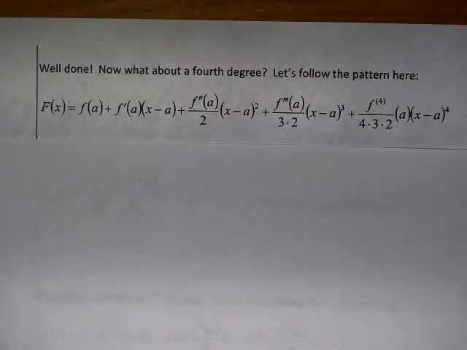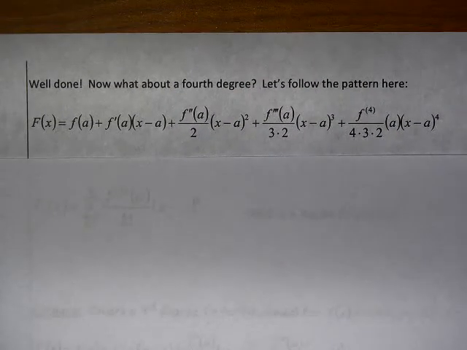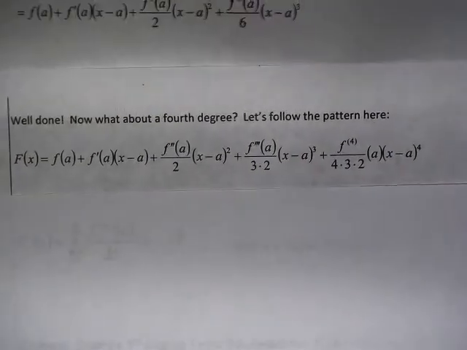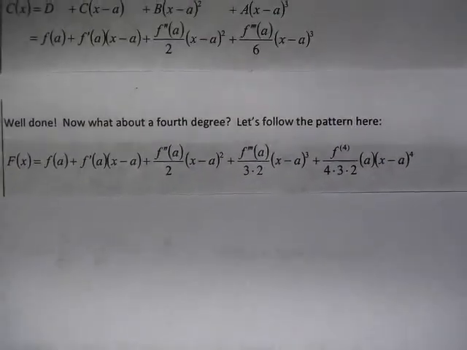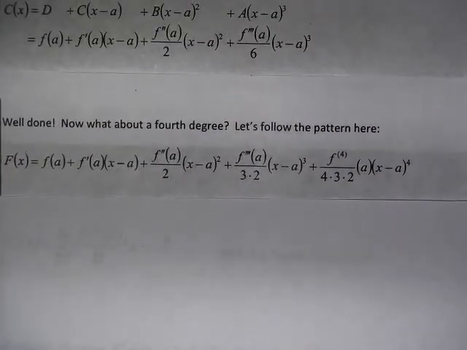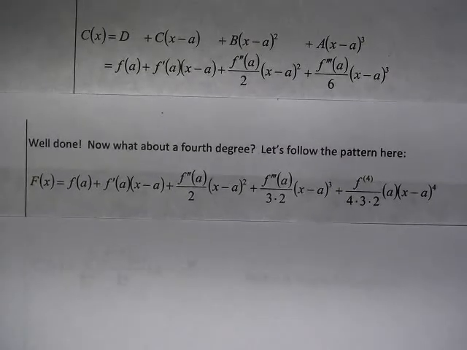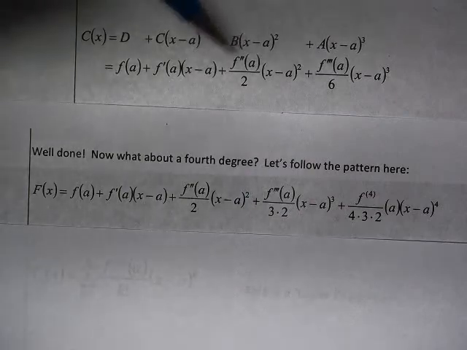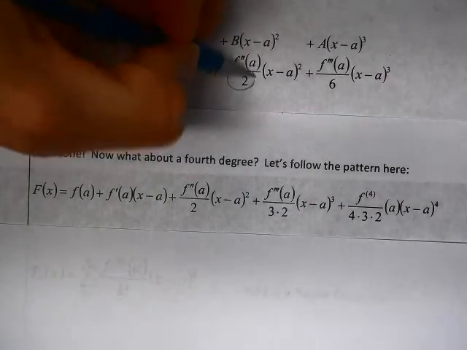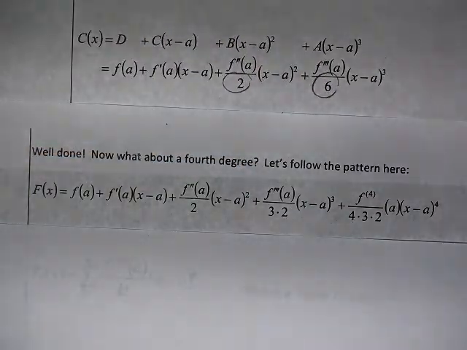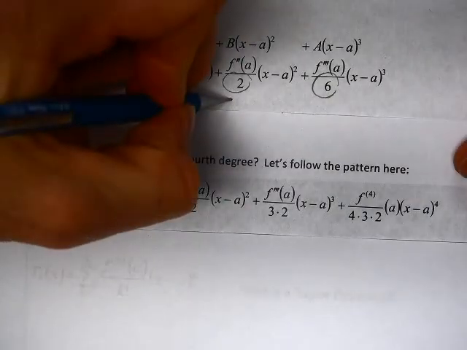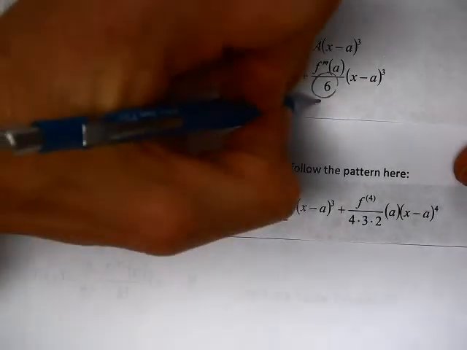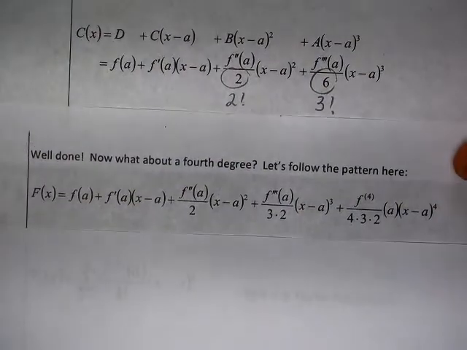Now I'm just going to look at the pattern, and I'm going to compare. I have my cubic model, and I want a fourth degree model. What we're going to start to see here is that these are actually factorials. This is 2 factorial and 3 factorial.